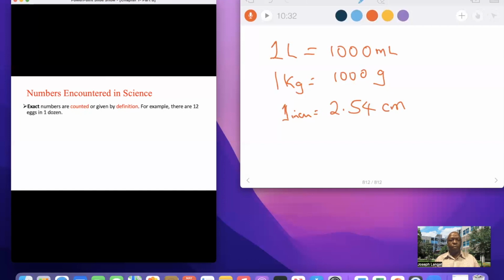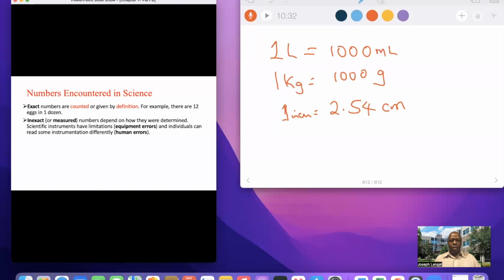It is well given. 7 days in a week, those are definitions, they are well defined. And when we get to those, we'll have to differentiate from numbers obtained using an instrument. For example, your height, we may use a metric ruler, okay?